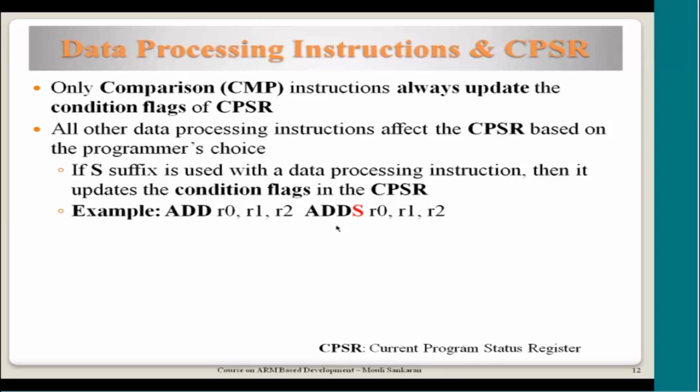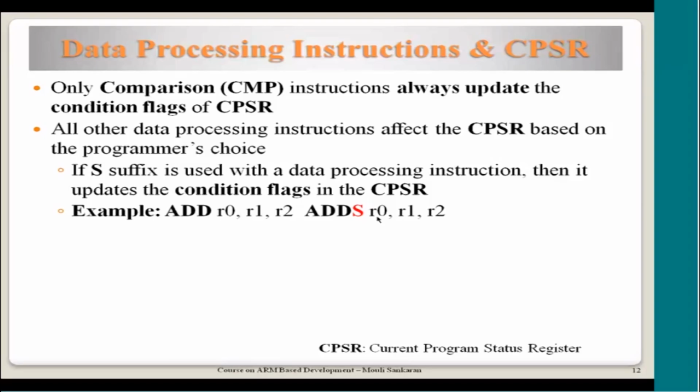But if adds is there, adding two 0 values and resulting in a 0 written into R0 is reflected in the CPSR flags. So the zero flag gets set and the negative flag, of course, has to be 0 because the MSB of this result is 0.